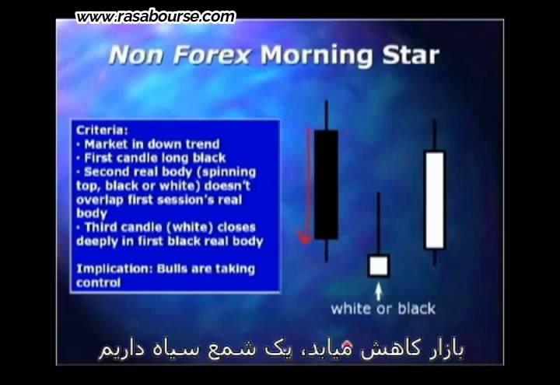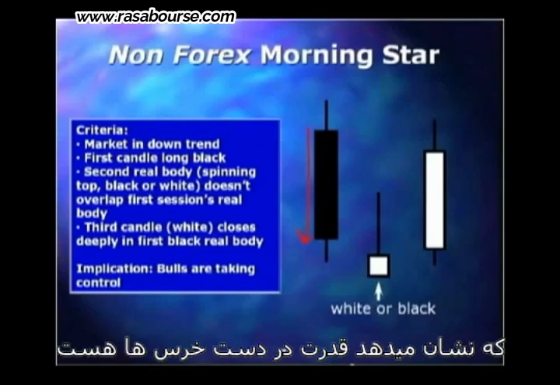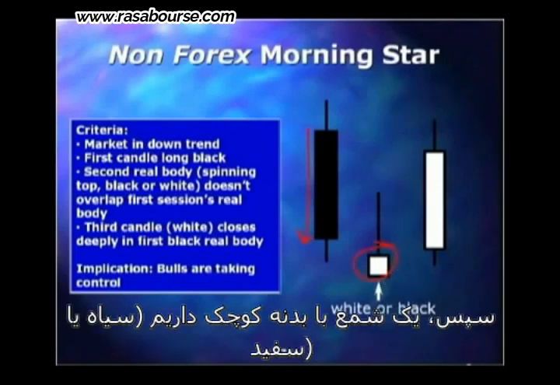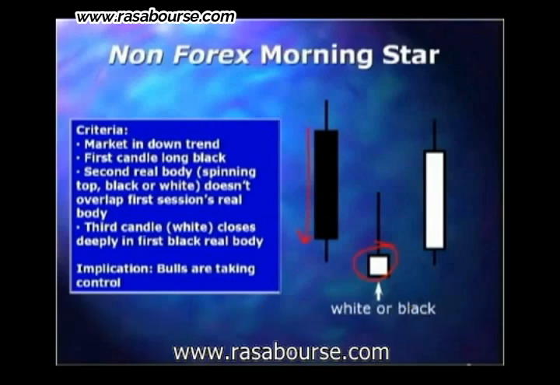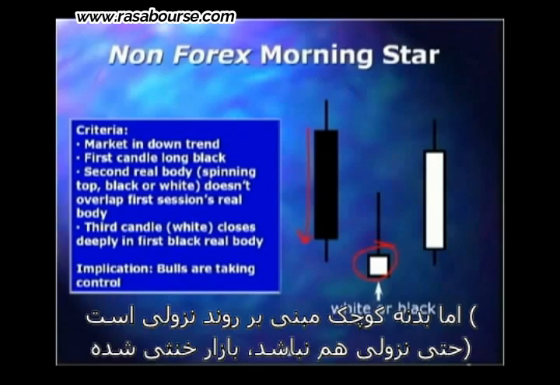Market's moving south, long black real body. Bears are in control or in command of the market. Then small real body, black or white. This is non-Forex, black or white. The market is still, to me, still negative because it's holding the lows. But the small real body lessens the downtrend. I would have the short-term trend down a little bit more to neutral, but mainly down.